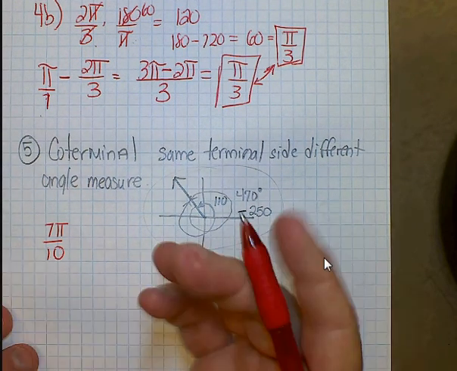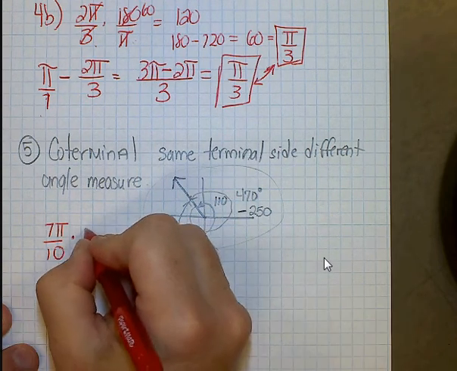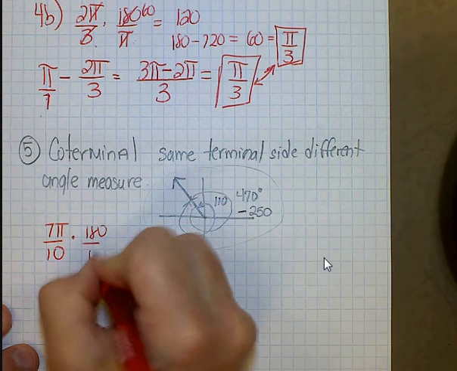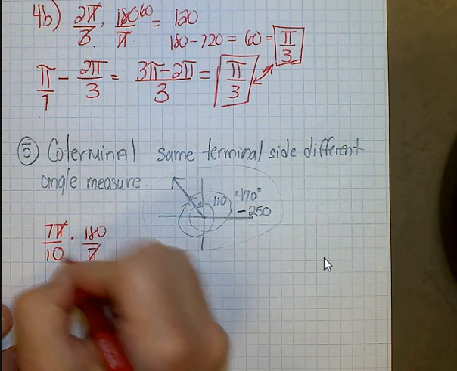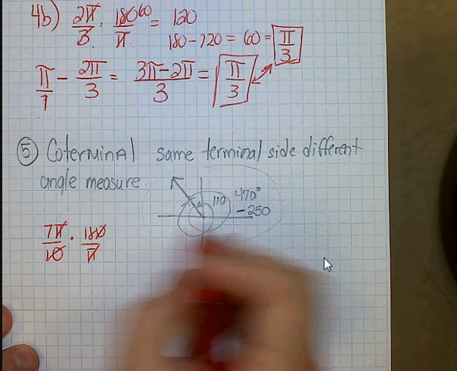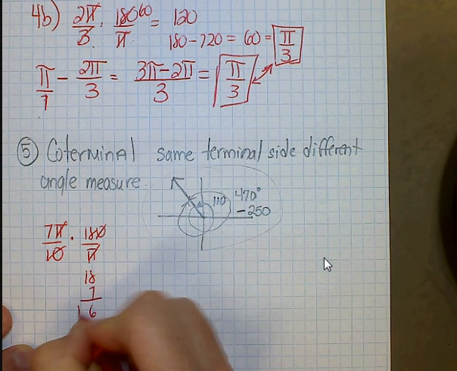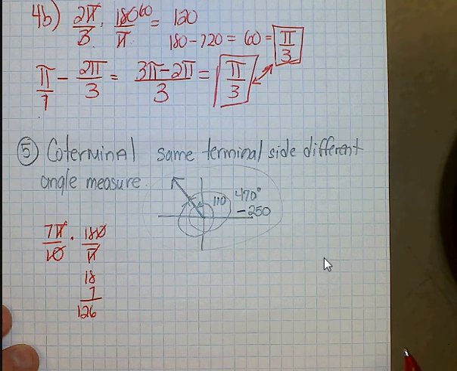So you could change it to degrees if you want to. Multiply this by 180 over pi. The pi's go, the 10 is going to go into 180 18 times. So I'm left with 18 times 7, 56, carry the 5, what's that, 126? Yeah. So 126 is the angle.